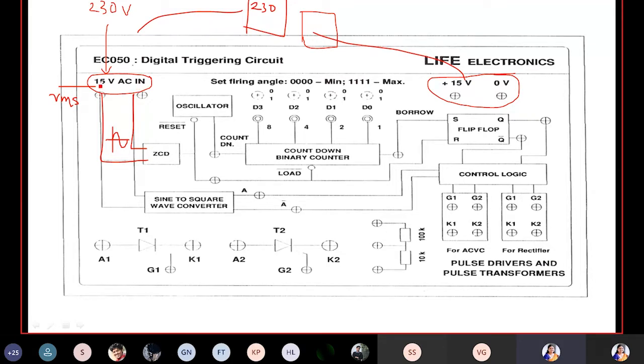If the RMS value is 15, what will be the peak value? Anyone calculate and tell first? What will be the peak value, peak of the sine wave? What is the relation between RMS value and peak value in a sinusoidal signal?